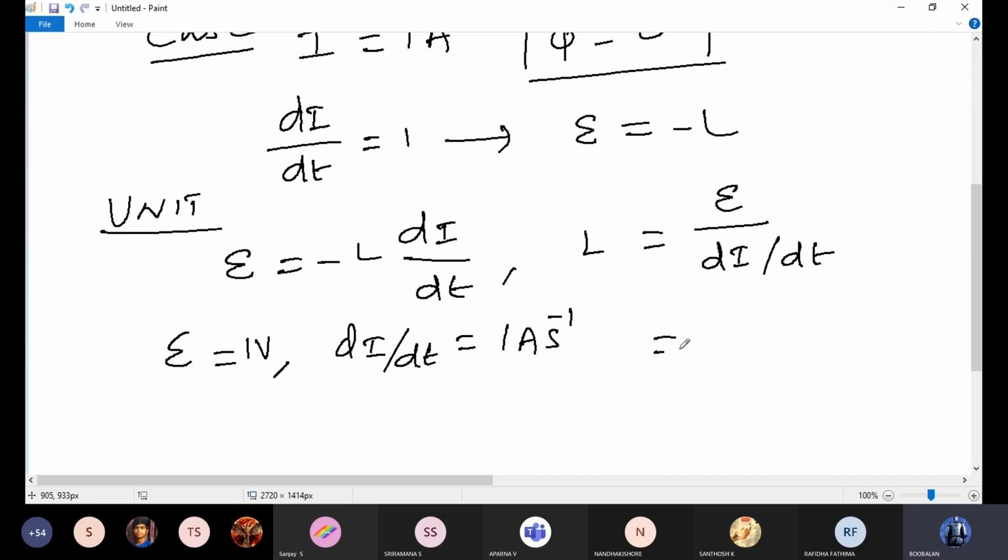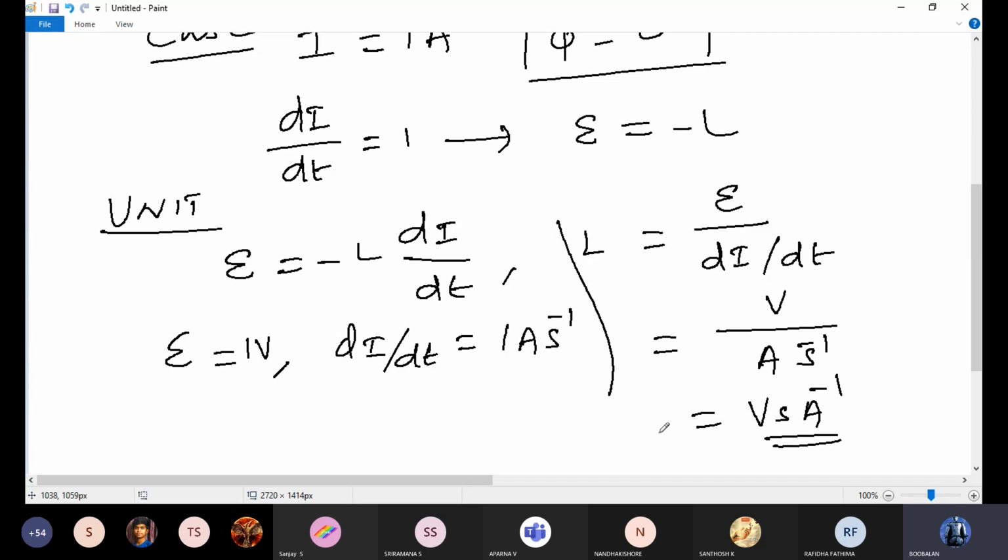So you will get volt divided by ampere per second. Simplify that, you will get volt second ampere inverse. So this is the unit of L. That is 1 V s A power minus 1. So this is equal to H. H means Henry.